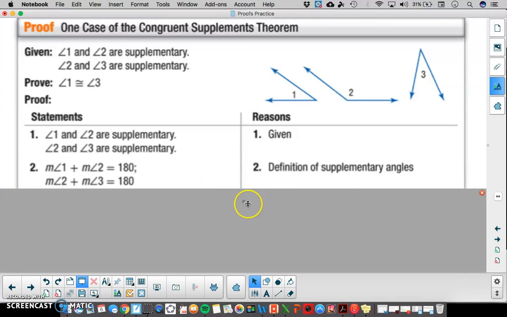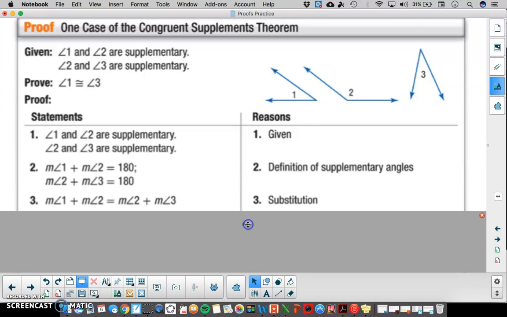Next, because we know both of those equations equal 180, we can substitute and say the measure of angle 1 plus the measure of angle 2 is equal to the measure of angle 2 plus the measure of angle 3. Notice we have the measure of angle 2 on both sides of that.